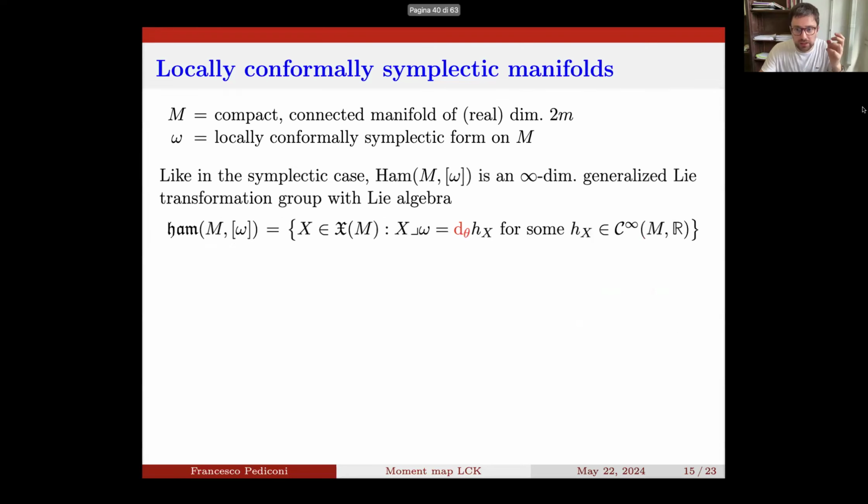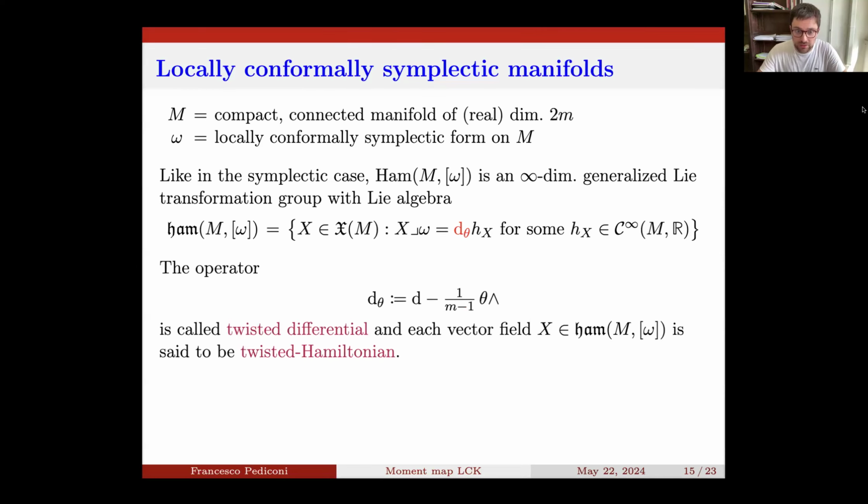This is an infinite dimensional generalized Lie transformation group, and it is actually possible to characterize its Lie algebra. Its Lie algebra is going to be given by those vector fields on M that admit a potential, like in the symplectic case. But this time the potential is not given with respect to the differential d, but with respect to another operator called the twisted differential.